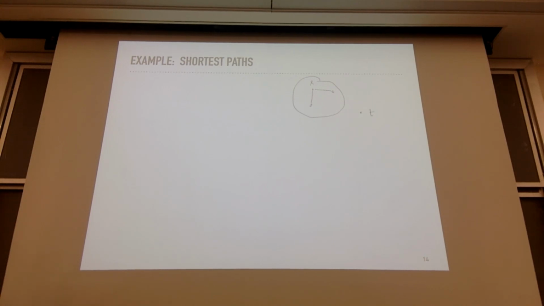For any capital S such that small s is in capital S and t is not in capital S, I want to say that at least one of the edges x_ij in the cut is chosen.